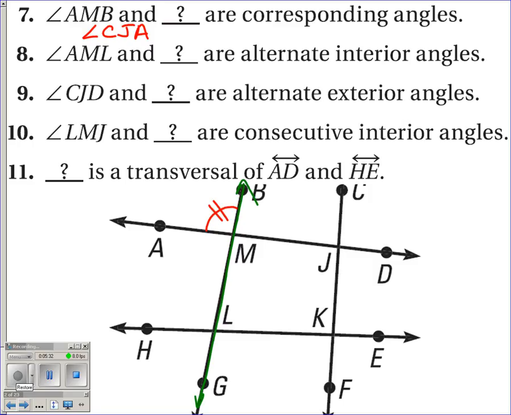Well, when we get to the next line, HE, we have another angle in the same position. So I would say angle BLH. Both of these two angles are corresponding with angle AMB, right? Now CJA and BLH are not corresponding with each other because they're not on the same transversal. But CJA corresponding with angle AMB.